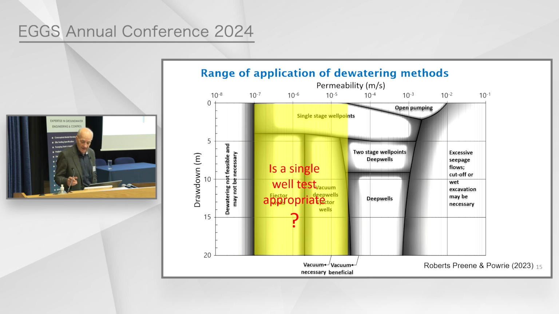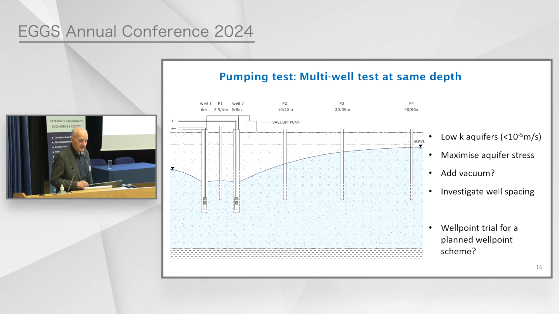And I think you need to be seriously thinking at these kind of permeabilities about a multi-well test, putting in 2, 3, or even 4 test wells, probably to the same specification, probably quite close together, 5 to 8 meters in a grid, in a triangle, with a piezometer in the middle, and then some piezometers going away.